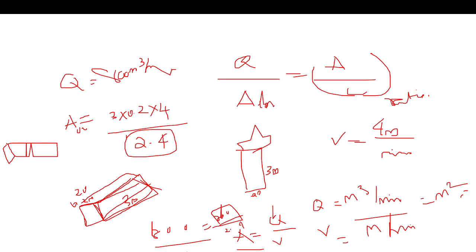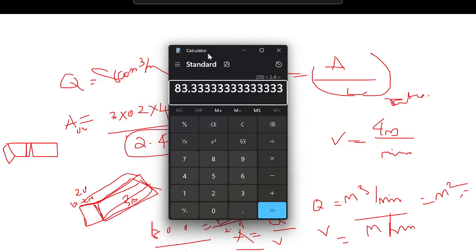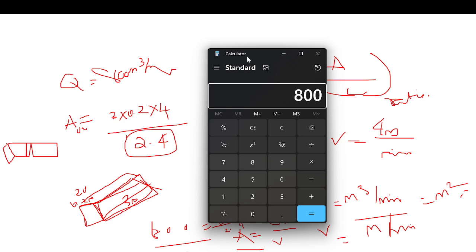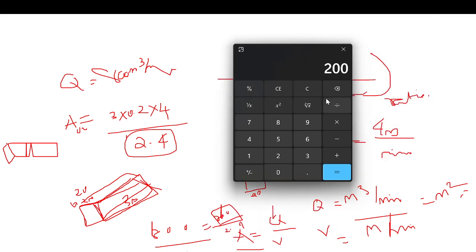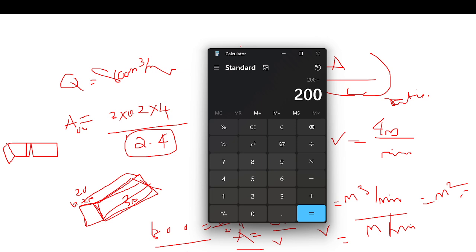Okay, I will check the calculation once again. Q is given as 800 divided by V is 4. So answer is 200, your total area, divided by one bag area, which is 0.2 into 3 into 4.